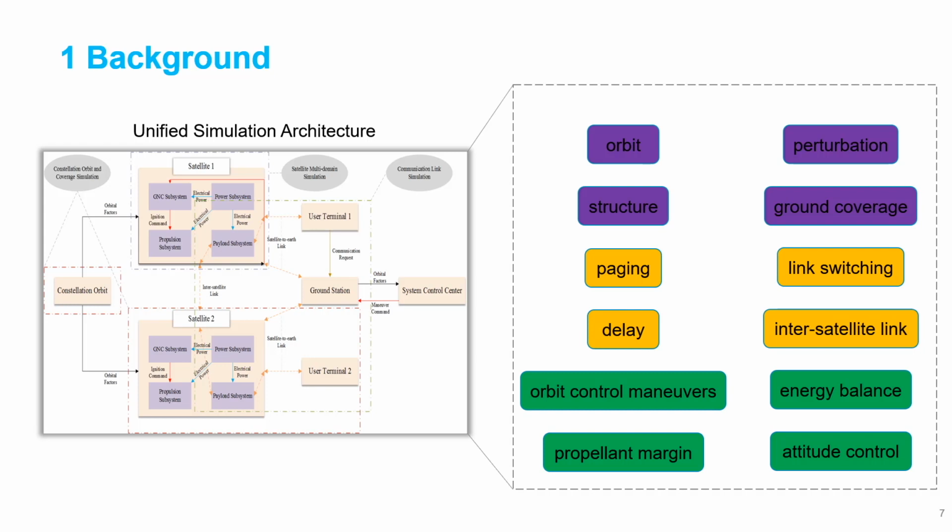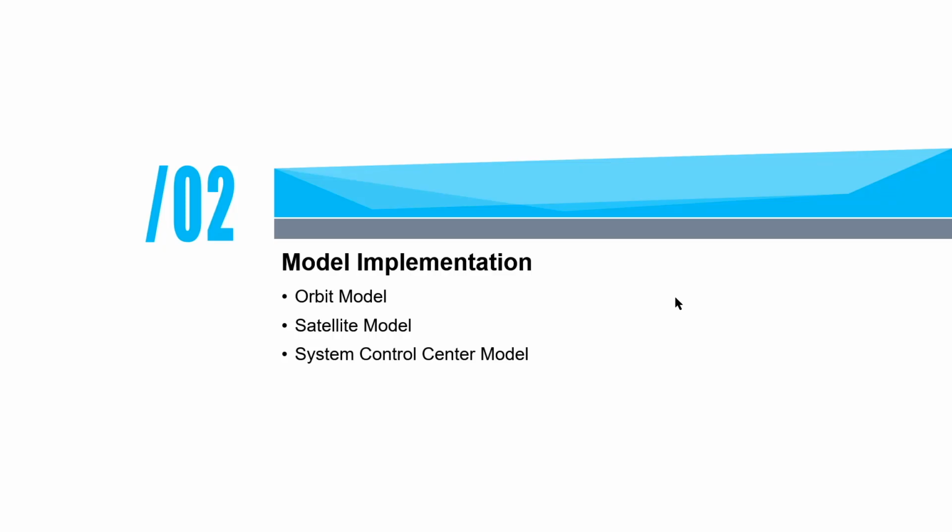The GNC subsystem then generates the propel ignition command to the propulsion subsystem with the help of the flexible component interface definition method of Modelica language. The modeling of related components can be easily carried out. And here I will introduce the model realization of orbit model, satellite model, and system control center model.